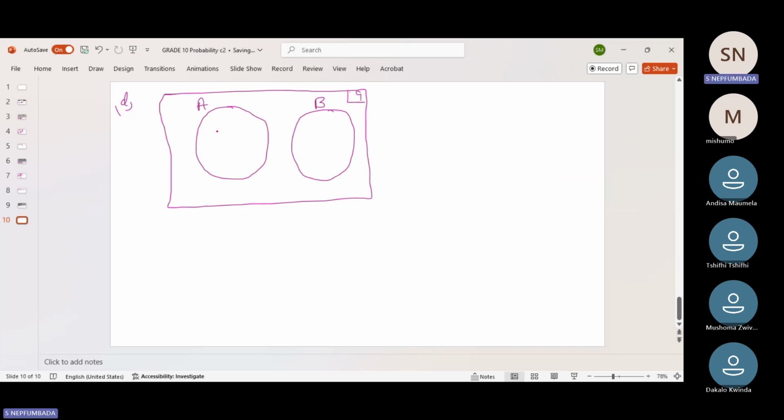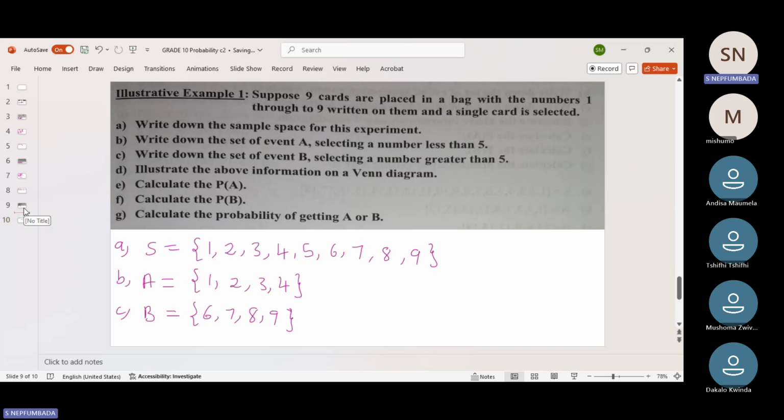On circle A, we've got the numbers 1, 2, 3, 4. And here we've got 6, 7, 8, 9. From our sample space, is there any number that didn't fall on either event A or B?